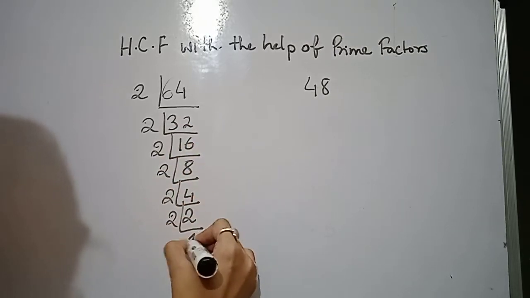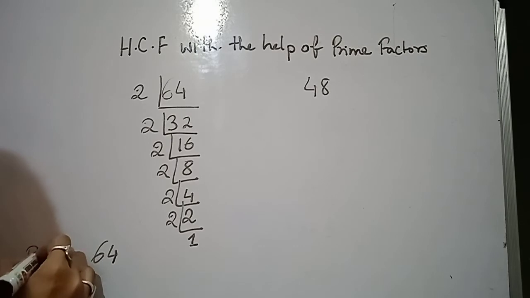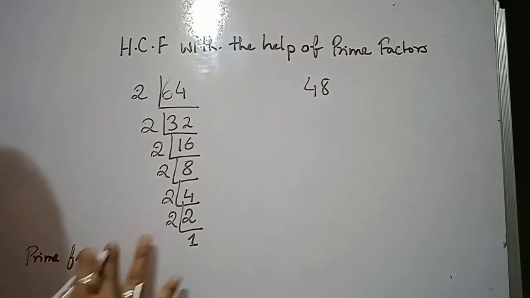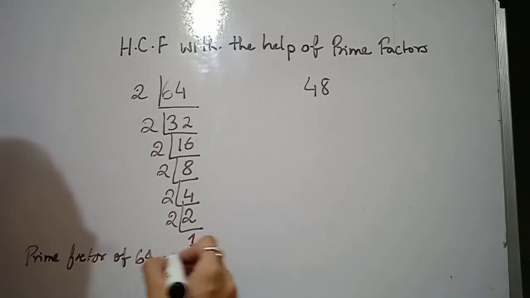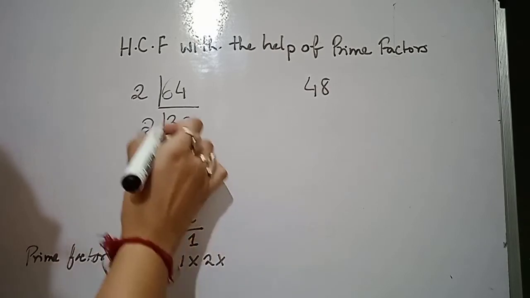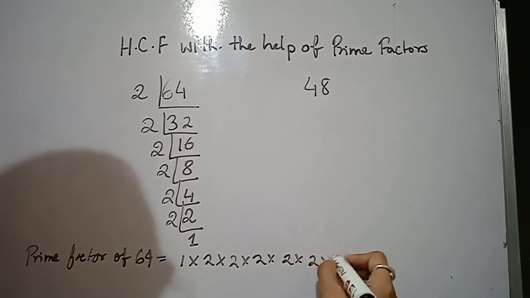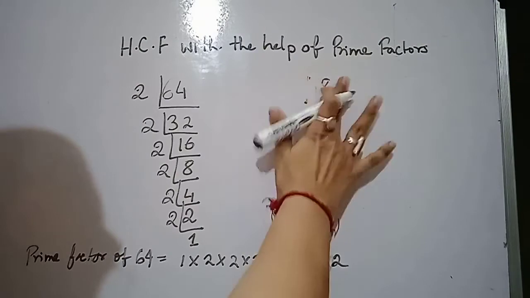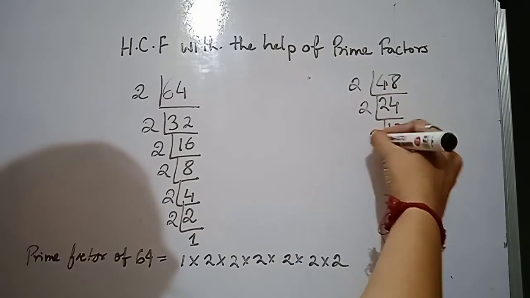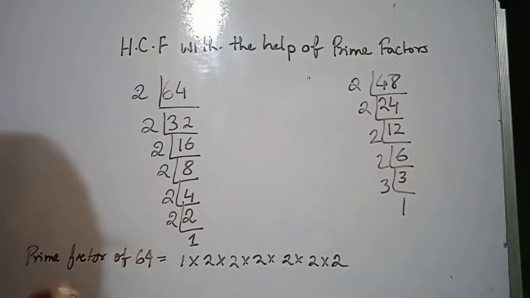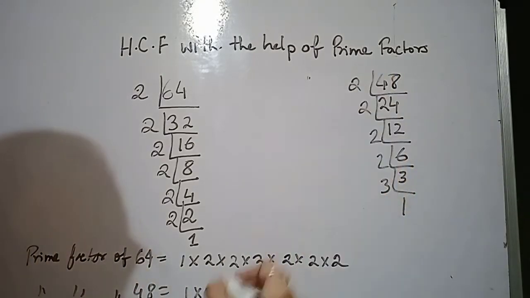So the prime factors of 64 are 1 into 2 six times: 1, 2, 3, 4, 5, 6. Next, 48.